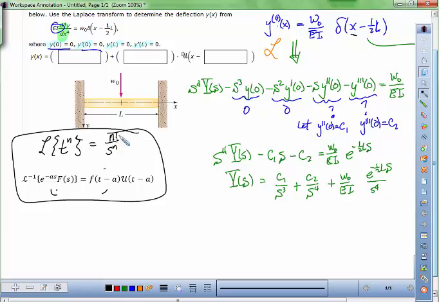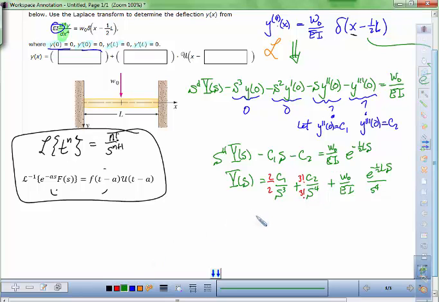Oh, this should be n plus 1, right? So we need an n factorial. So n is equal to 2 for this first one, so we need a 2 up on top. So we're going to force a 2 up there. And this one, n is equal to 3, so we need a 3 factorial on top and the bottom. So we get a 3 factorial over s to the 4th.